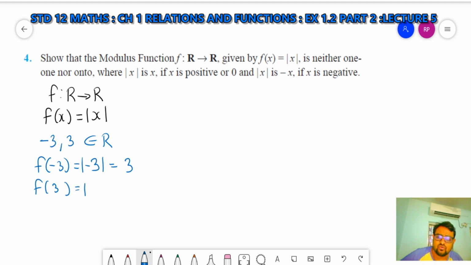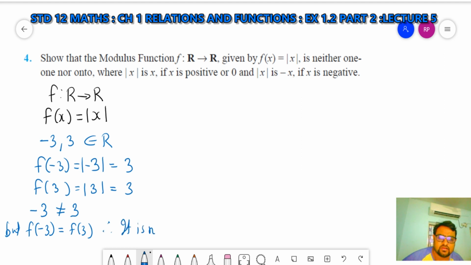This is equal to modulus of 3, and that is equal to 3. Now see here, minus 3 is not equal to plus 3, but f of minus 3 is equal to f of plus 3, therefore it is not a 1-1 function, or it is a many-one function.